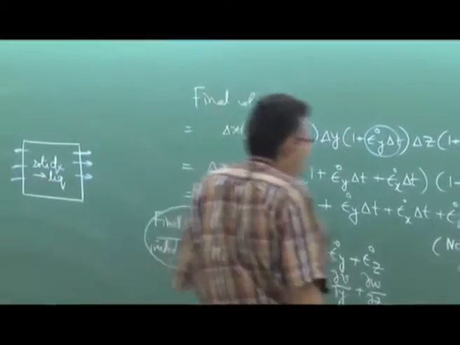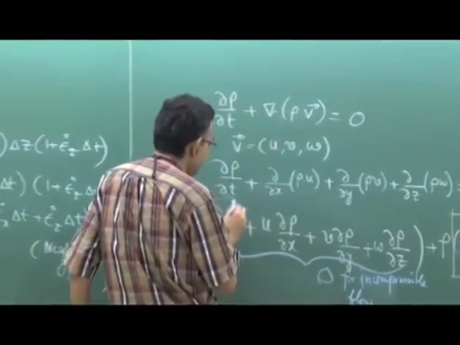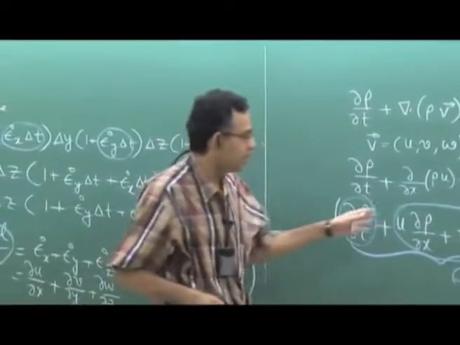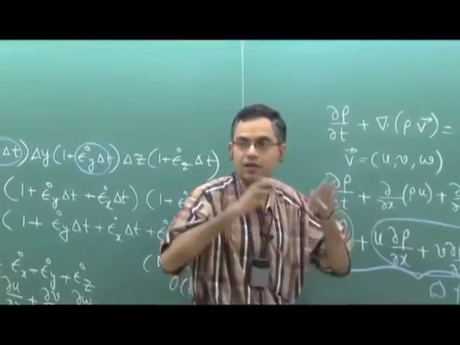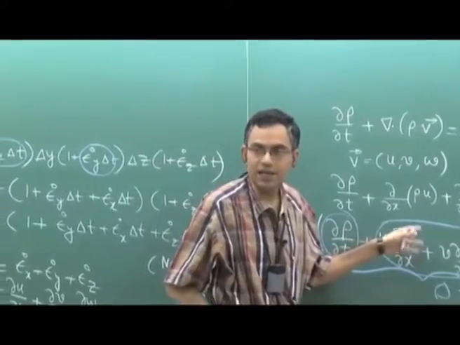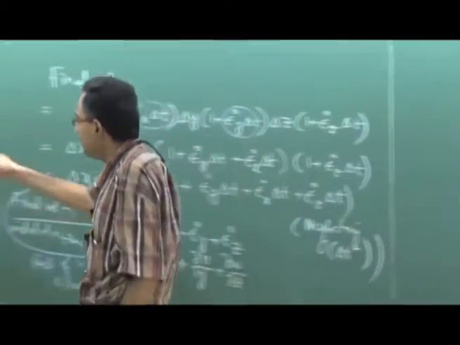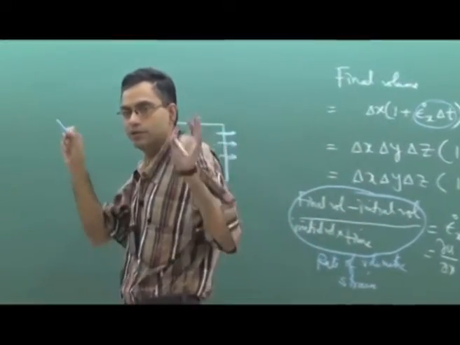So, it says that for incompressible flow the sum total has to be 0, but this is possibly balanced by these three terms. If this is plus a, this is minus a, so that the sum total is 0. So, here neither the solid nor the liquid can be thought of as compressible phases.